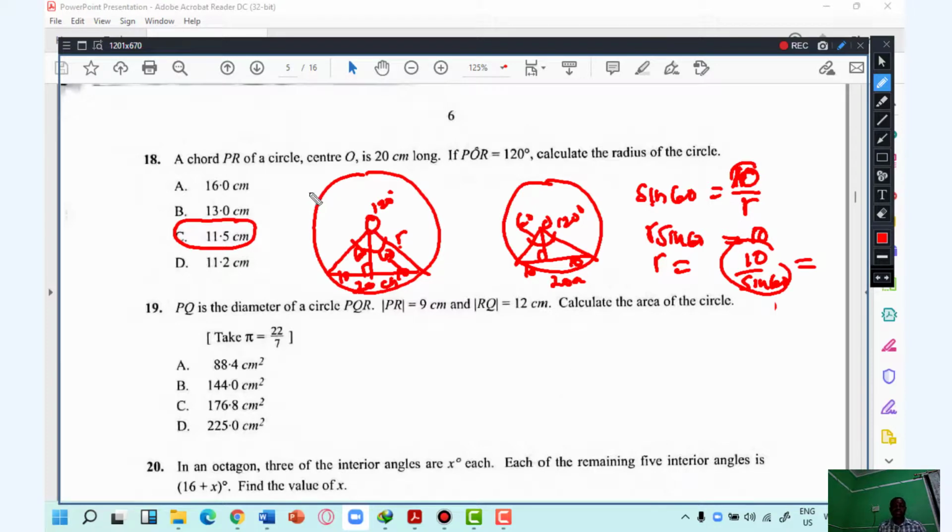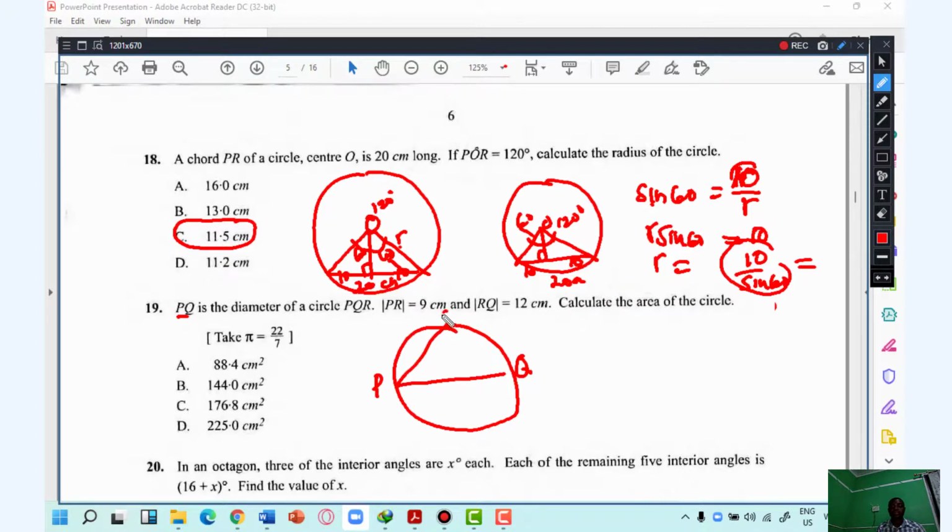We go on to question 19. It's saying that PQ is the diameter of a circle. Good. So let's have a circle. This way, the diameter divides the circle into 2. So we name here P and Q, of a circle PQR.